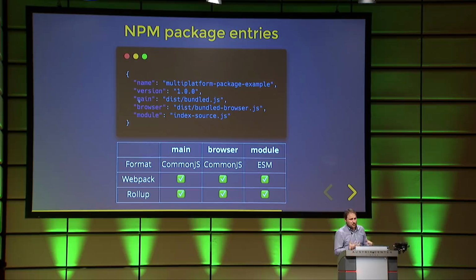Now it's modules. Every NPM, every Node.js will work with this. So now we added one particular field, which is module, which says, here is the index source, put it as the entry file for your Webpack or whatever. And it's supported by Webpack, Rollup, Parcel, whatever. Any particular system will work with this. Here is the trick: module field in package.json.